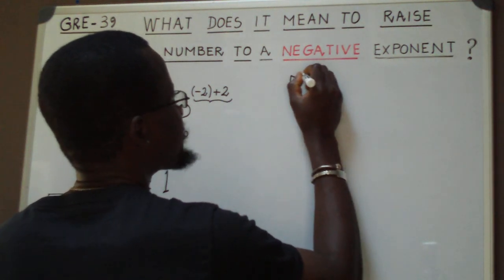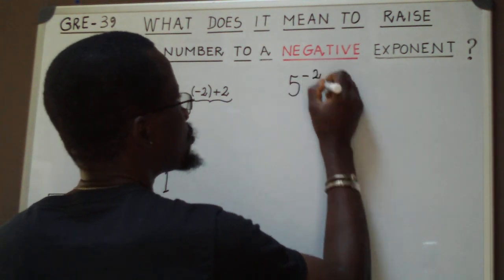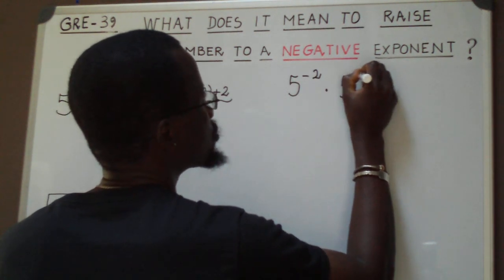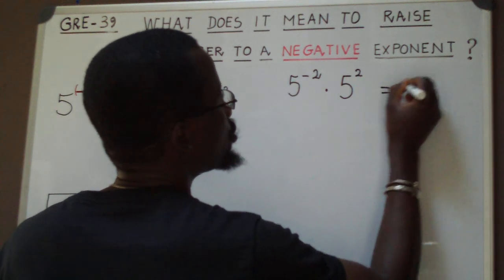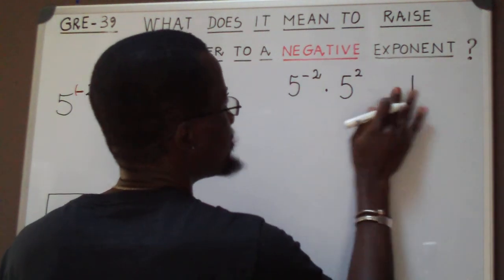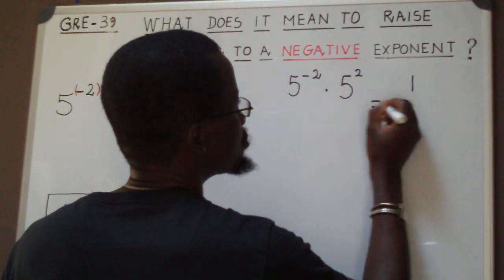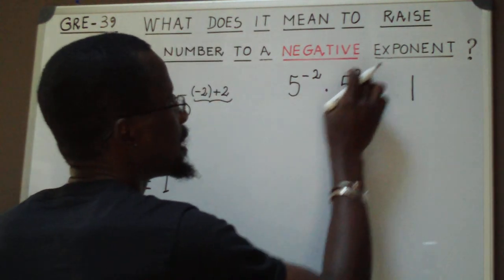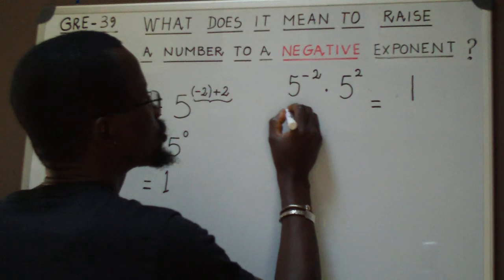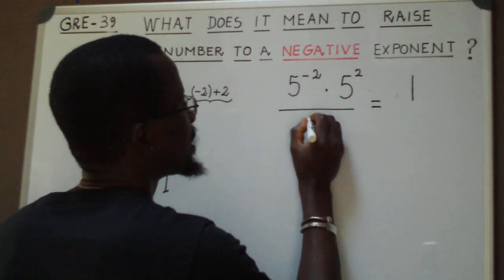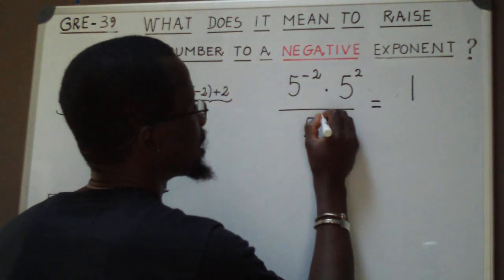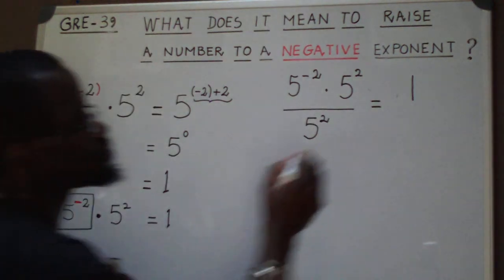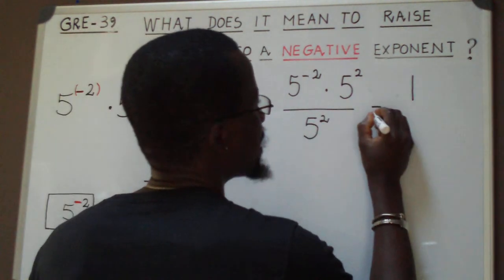So I have 5 raised to the exponent negative 2 multiplied by 5 raised to the exponent 2 equal to 1. I'm going to divide both sides of this expression by 5 raised to the exponent 2, so that I can get this. But since it is an equation, whatever I do to one side, I must do to the other side too.